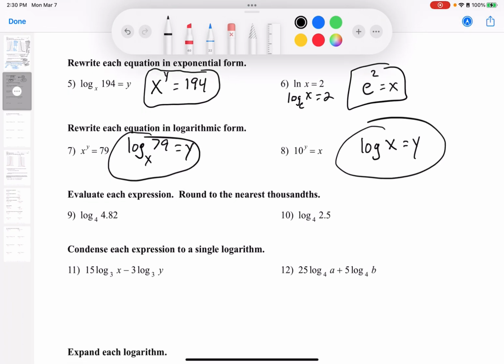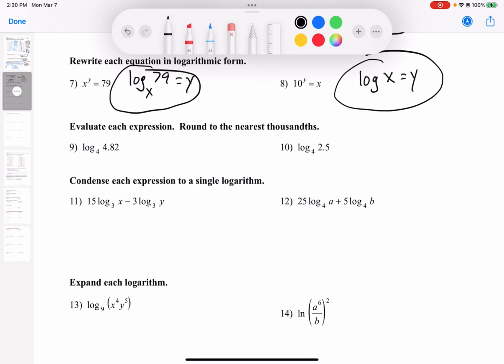Next one says evaluate each expression. So now that we know the change of base formula, we're going to use it for this one. Change of base formula says that we'll take the log of 4.82 and divide that by the log of 4. So on a calculator, log 4.82 divided by log 4.